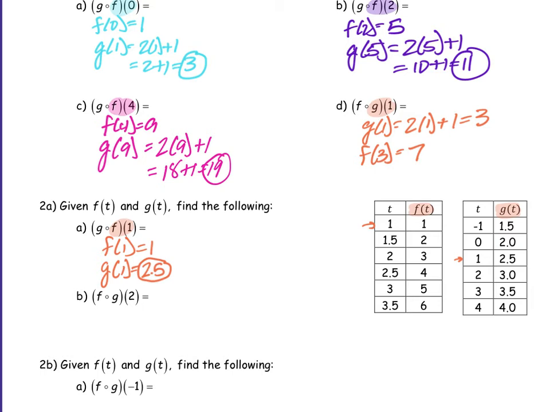So this one says find g of 2. So we're going the other direction this time. So I'm going to find g of 2. I'm going to go to my g table and find 2 is 3.0.